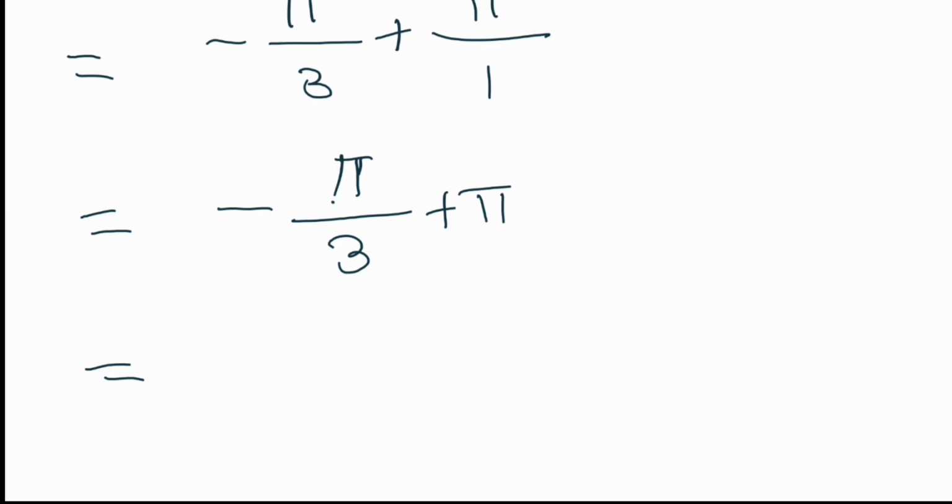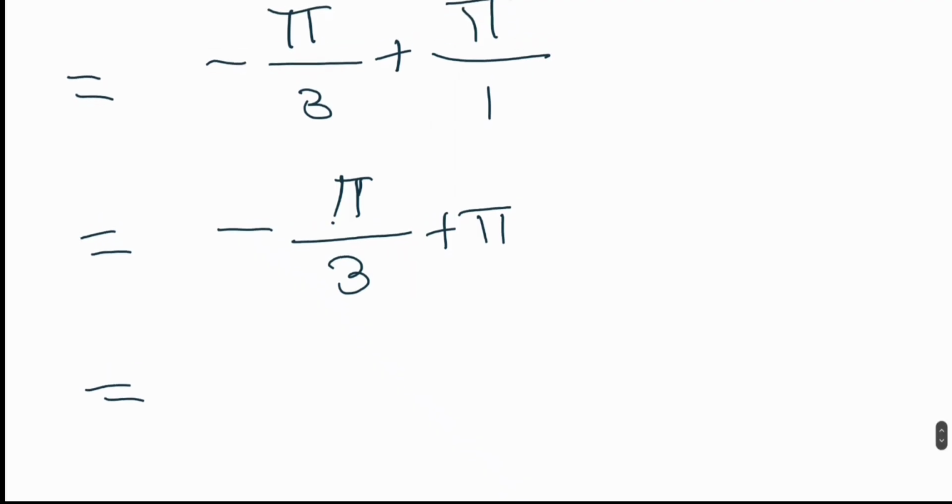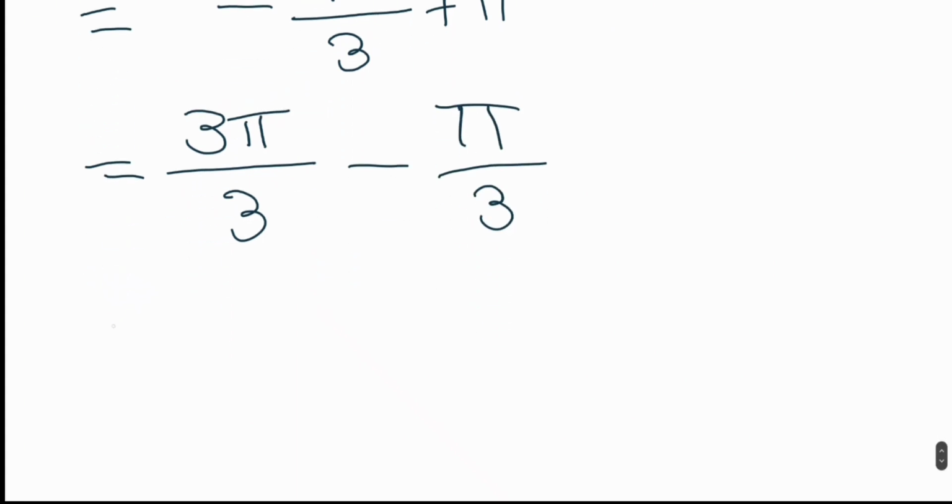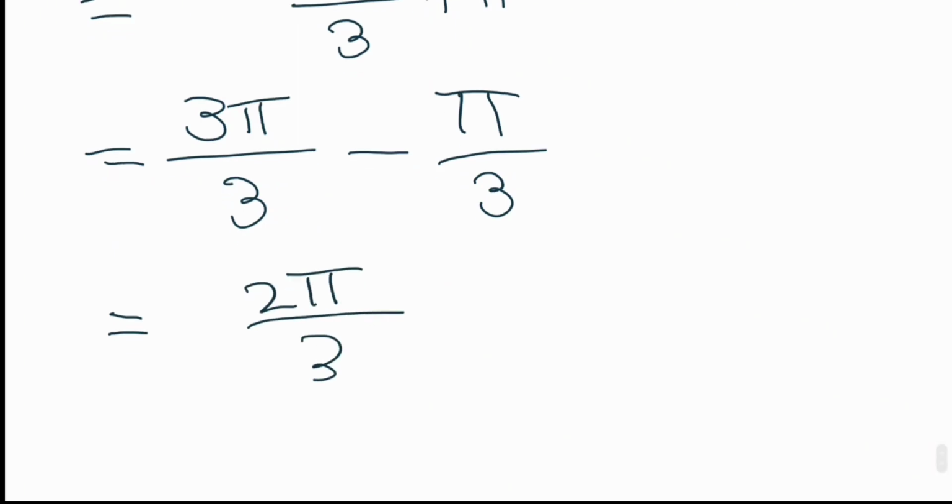Well, I mean, we can further simplify this if we really feel like it, but we don't have to. Let's just do it. 3 pi over 3 minus pi over 3, okay, equals 2 pi over 3. That is the final answer.